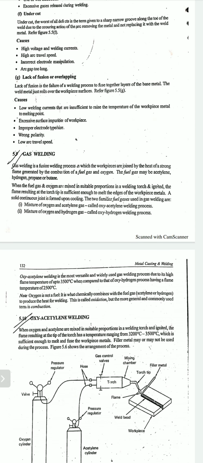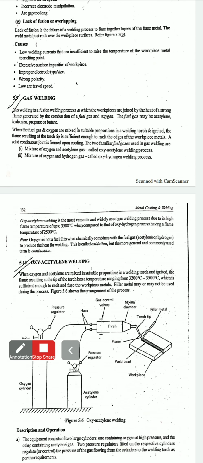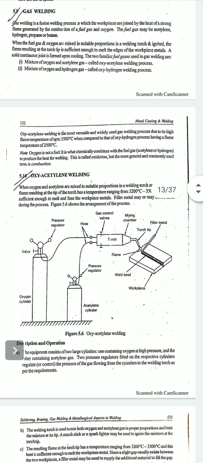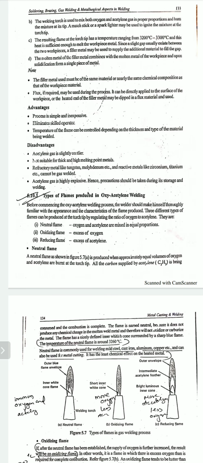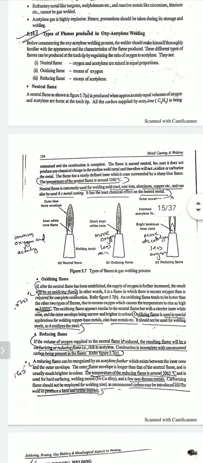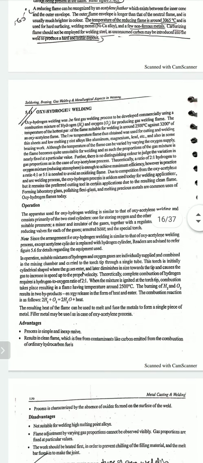Now, half of this module we have completed. The next part of this module is related to gas welding. You are going to study the different types of gas used for welding: oxygen acetylene gas, then oxygen acetylene gas with a neutral flame and oxidizing flame, so different types of flames are used for welding purposes.